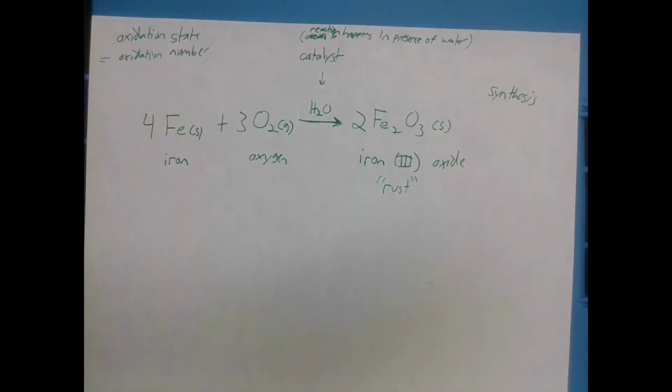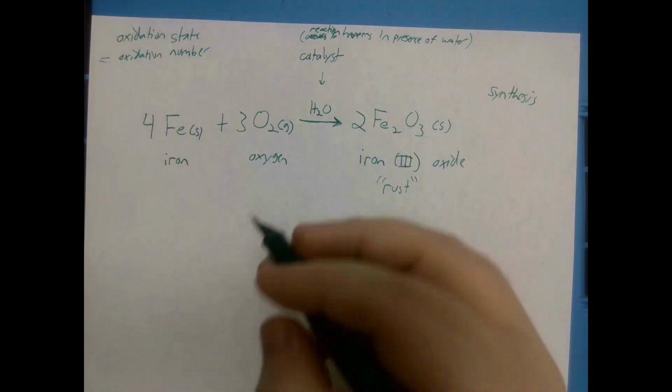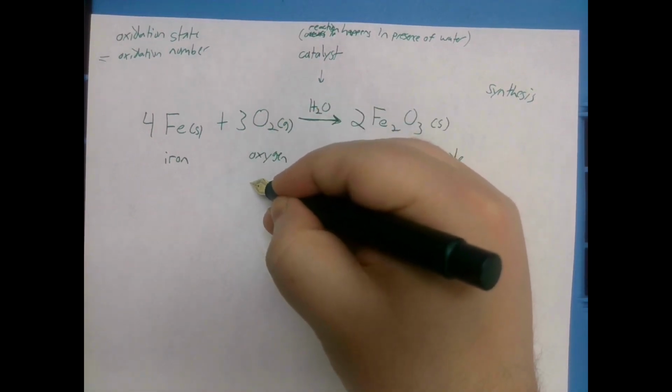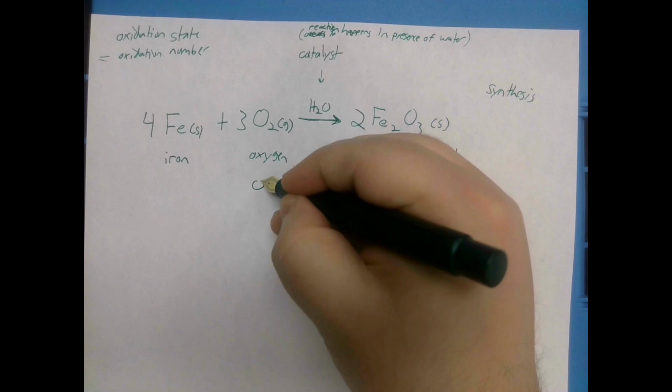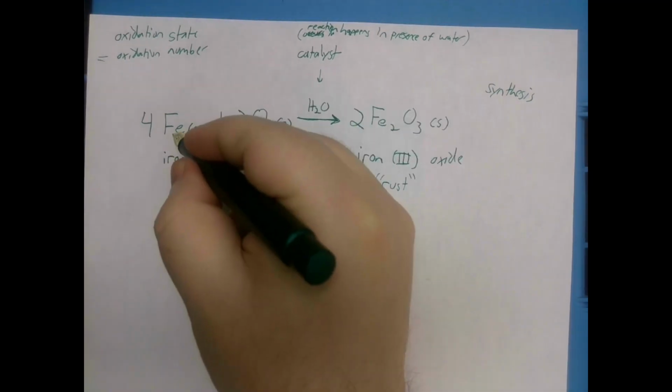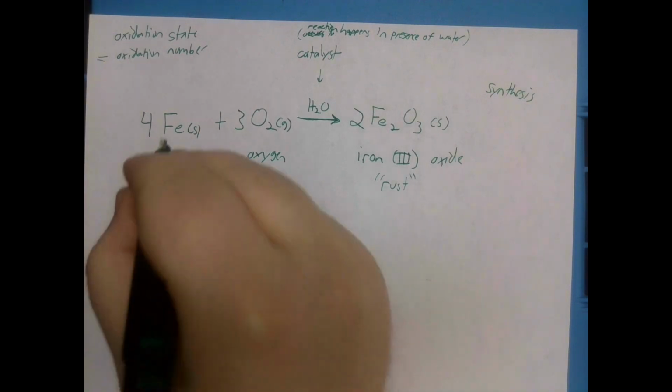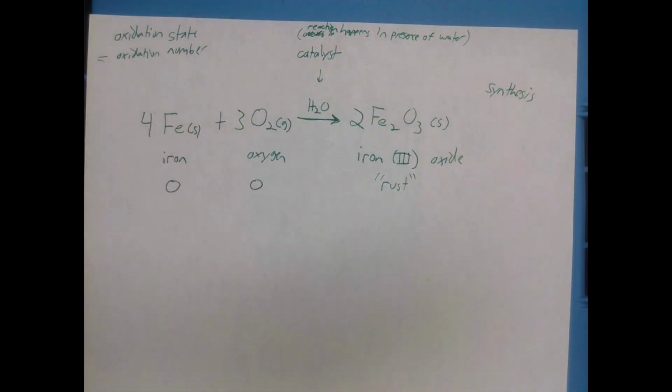What's the very first rule? Elements are always zero. This is elemental oxygen. So its oxidation state is 0. Iron, oxidation state is 0. It is an element. Elements always have an oxidation state of 0.